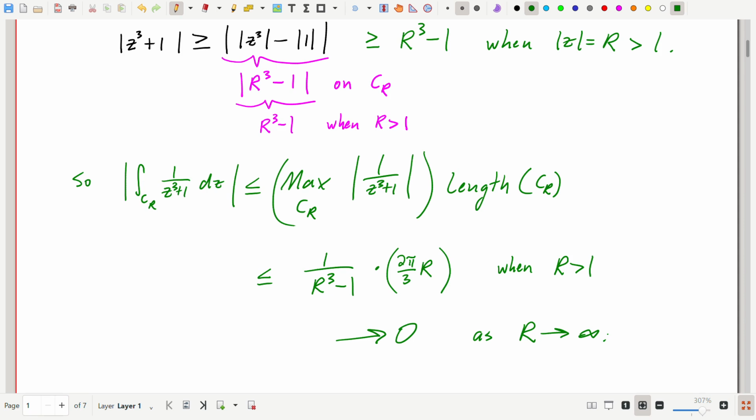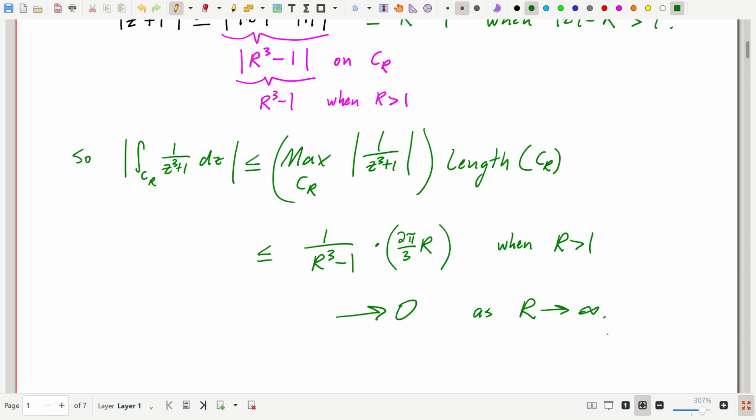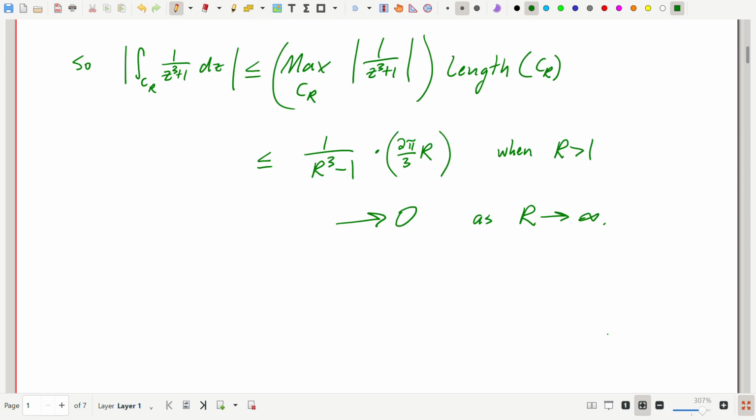Sometimes when the polynomial inside the integral is not so simple, you could use the basic polynomial estimate, which is an important fact.